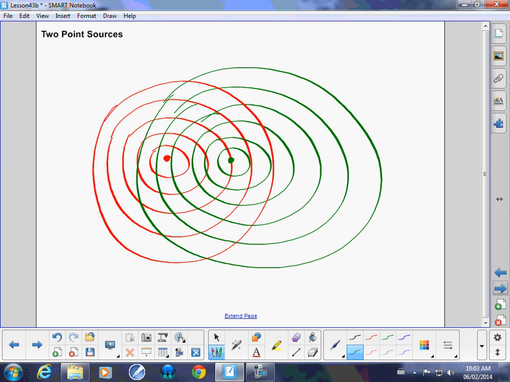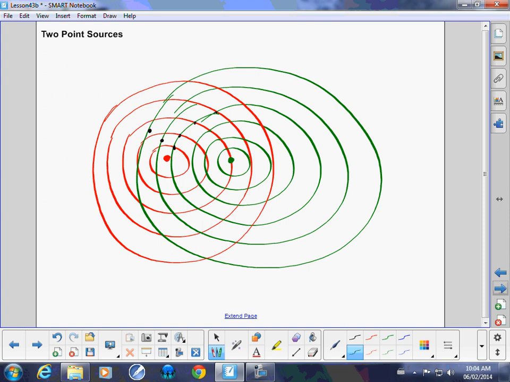Your constructive interference would be occurring here, here, here, anywhere the red and the green lines are overlapping, meeting in the middle. We're not going to be able to do all of them, so I'm going to take a couple here.